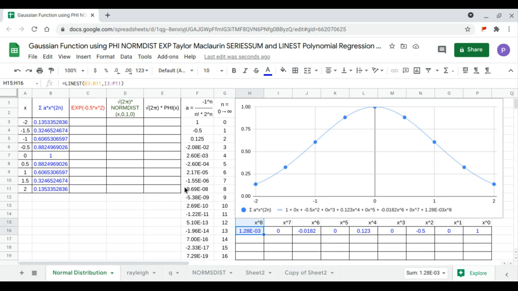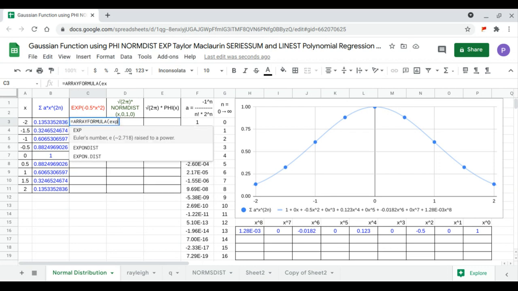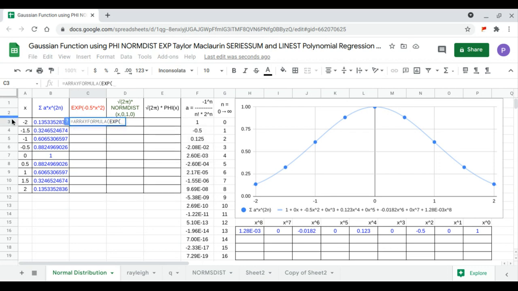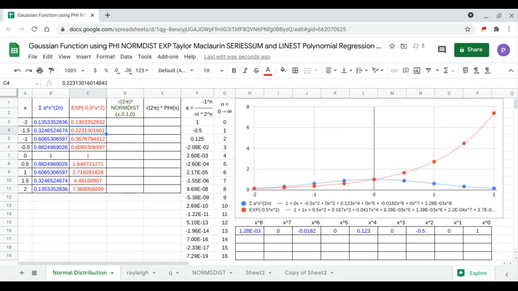We continue with the rest using the exponential function, which is array formula exponent of the x values. And the NORMDIST, this is equal to array formula NORMDIST of the x values.